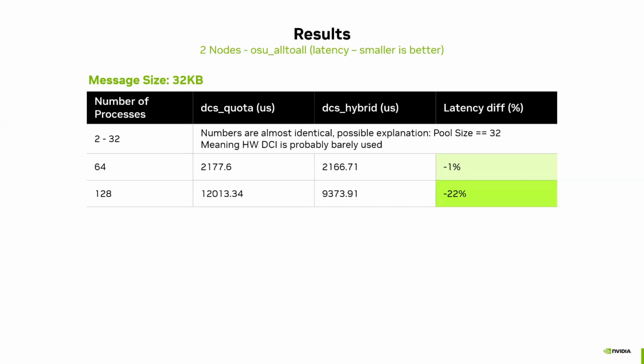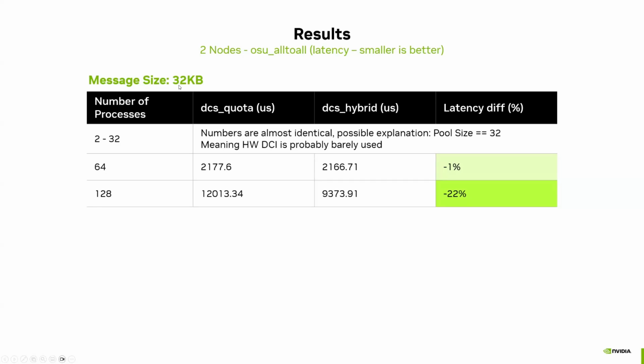So you always have enough QPs for every endpoint. And so not much of an effect around there. You start to see a slight improvement in 64 processes and a nicer improvement in 128 processes. And we're comparing latency in microseconds. And I saw that significant difference specifically in that size.